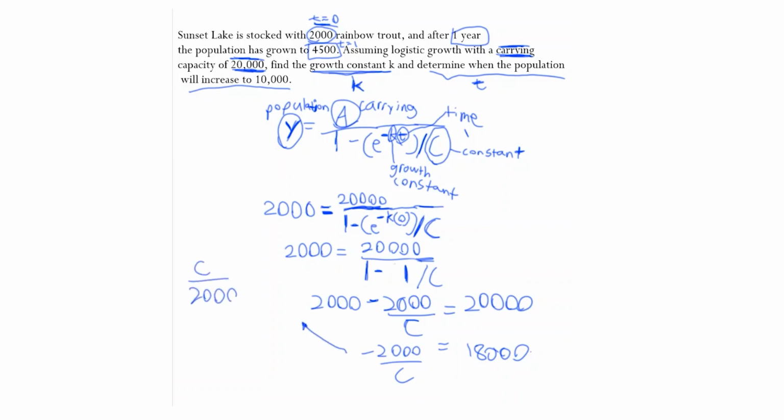Reciprocate, multiply both sides by 2,000, cancel out the zeros, simplify that some more. So c is equal to negative 1 over 9.